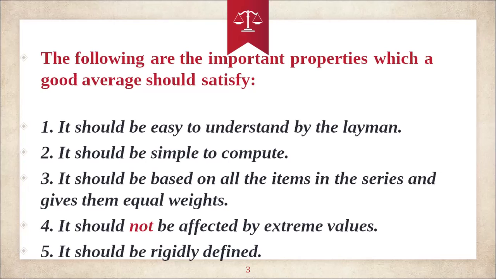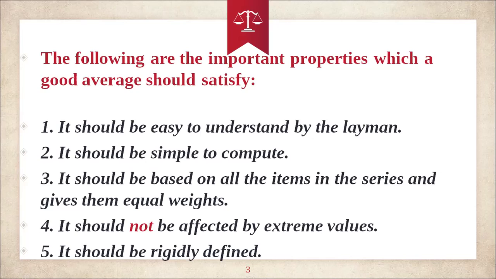Whichever average is simple to compute should be called a good average. For me, the arithmetic average is simple. For you, the geometric may be simple. Sometimes it differs from person to person.